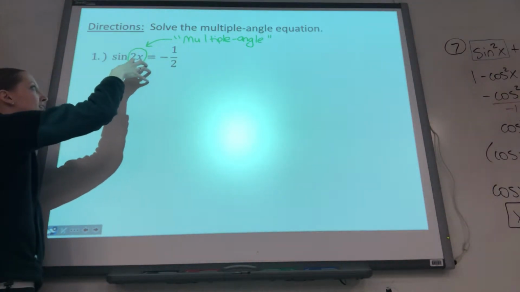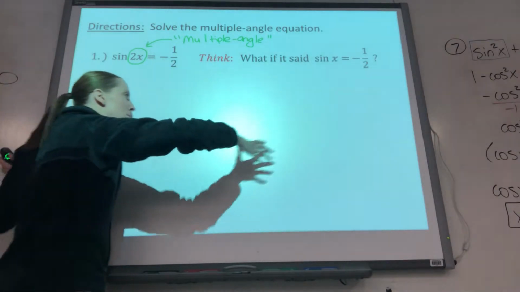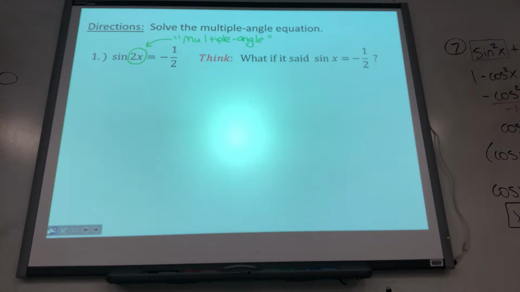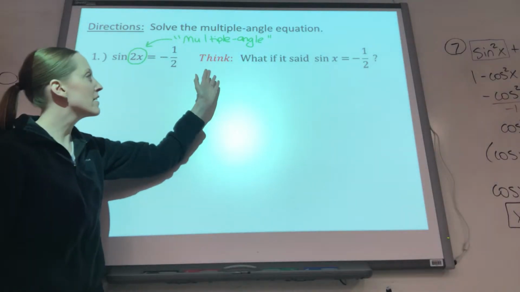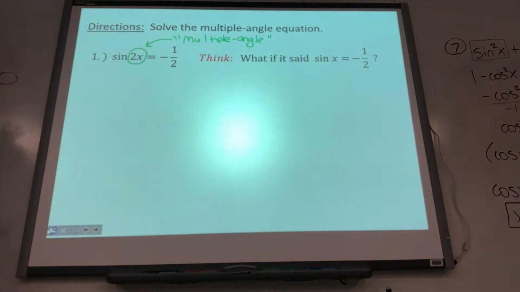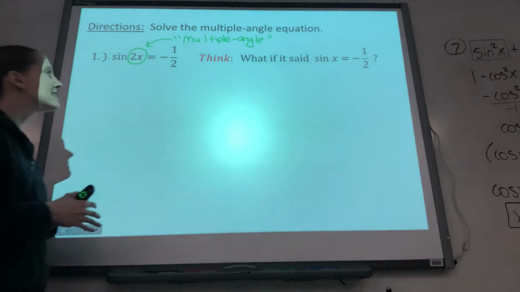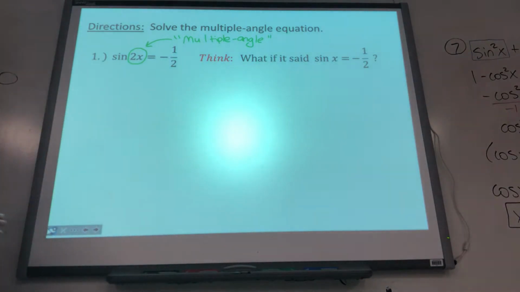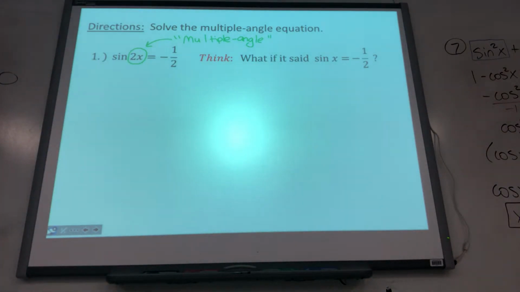Let's take this for a second, and I would put all of this in my notes because this is going to be really helpful. And let's just think for a minute. If the 2 wasn't there, what if it said just sine of x equals negative 1/2?